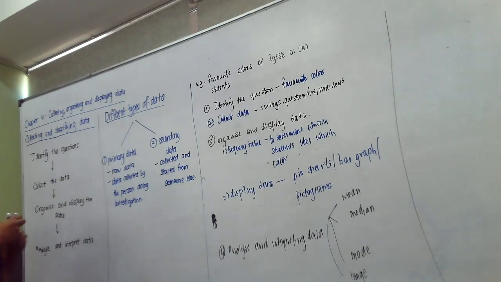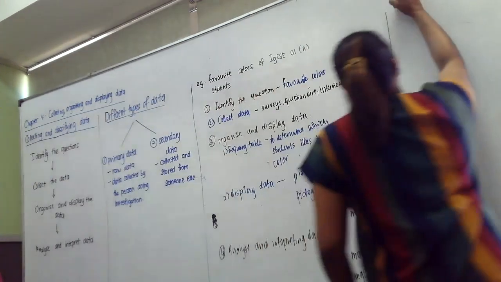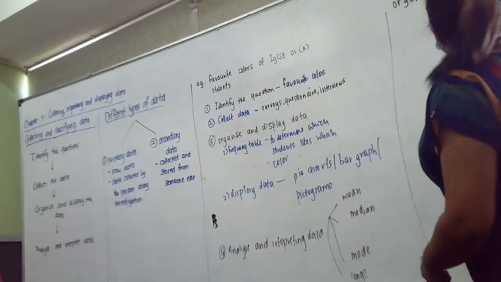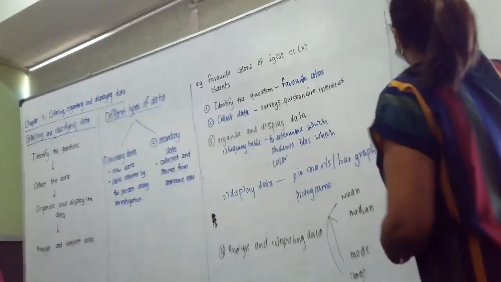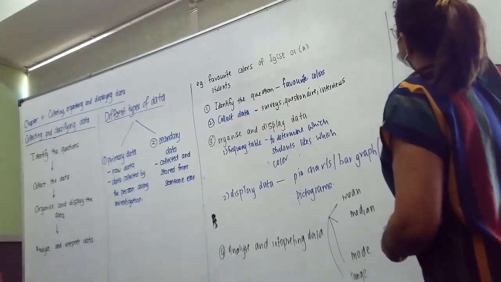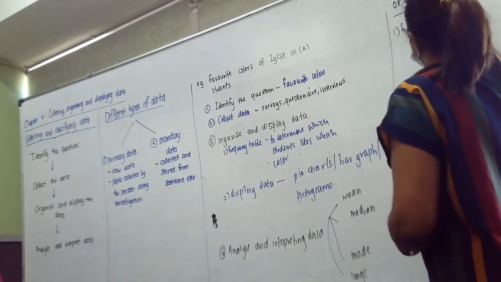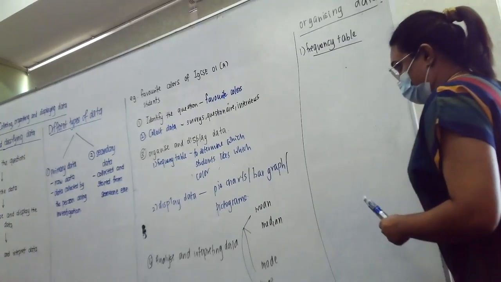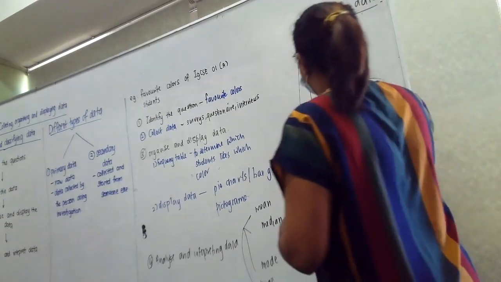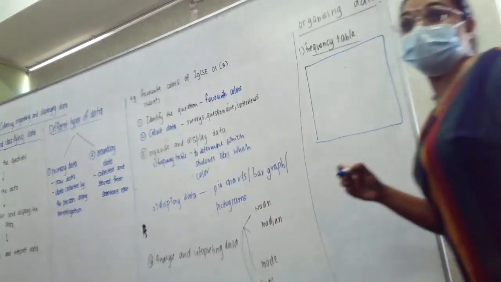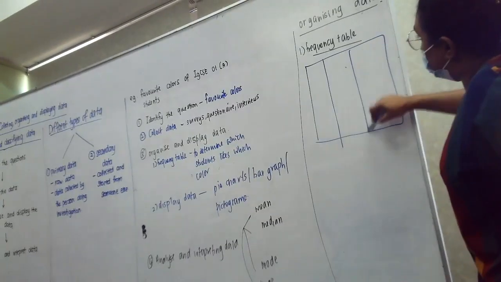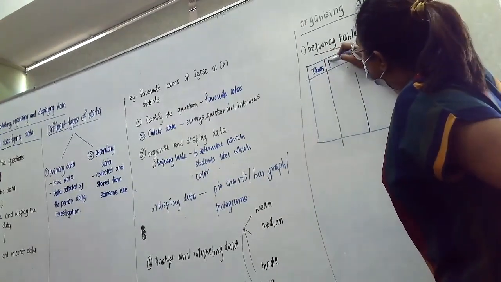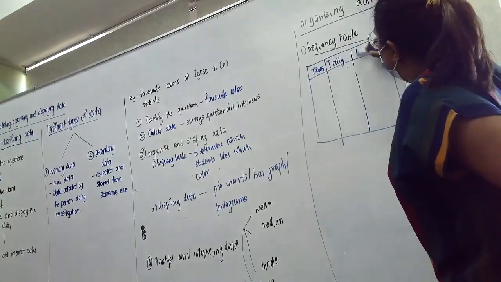Now we are going to go into organizing data. In organizing data, we have the frequency table. What's a frequency table? You have a table where you have item, tally, and frequency.